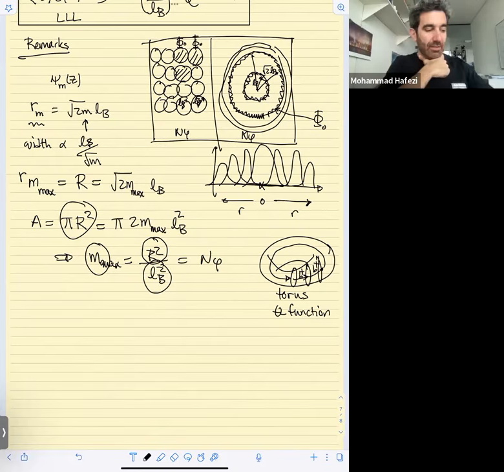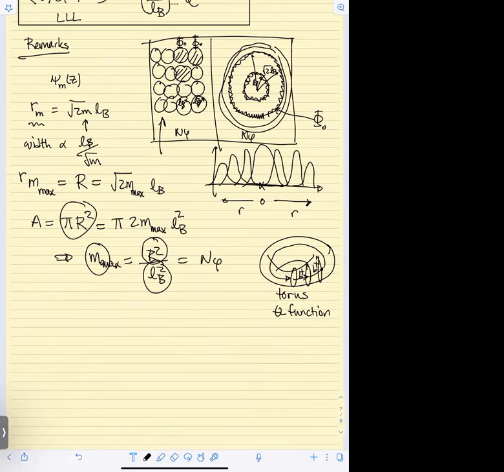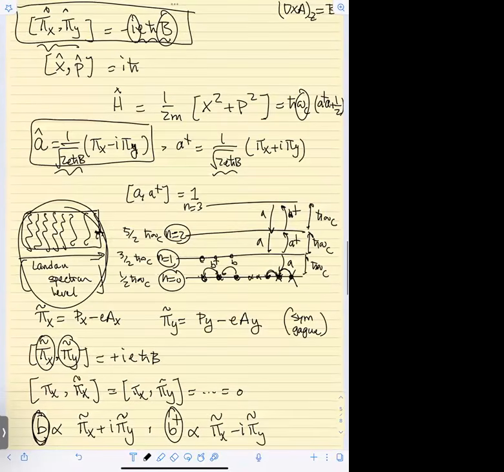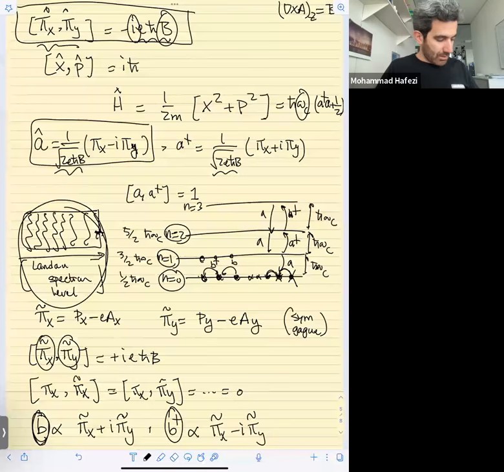In the end, when I want to look at some physical observable, let's say conductance, then I have to sum over the contribution of all states in that specific energy. For example, in a quantum Hall system, you put your Fermi level over here.